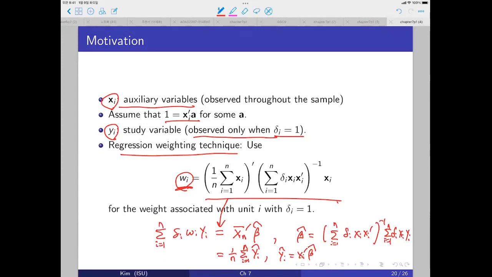You just predict everybody in the sample using the regression, and once you predict, you view it as a linear function of y, and then use this weight as the final weight. So that is the regression weighting.